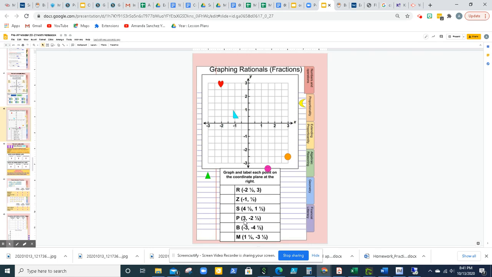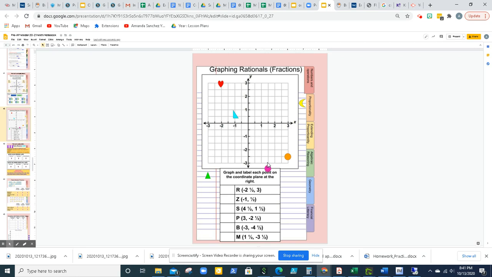Letter P, which is a positive and then a negative, that would be down here, +3, and then -2.5 would be right there. And then we have a negative, which is over here in this quadrant. Even though it's off the graph, it would be at -3, and then go down to -4.5, which is a little bit further than the boundary on the graph. So you're estimating where it goes.